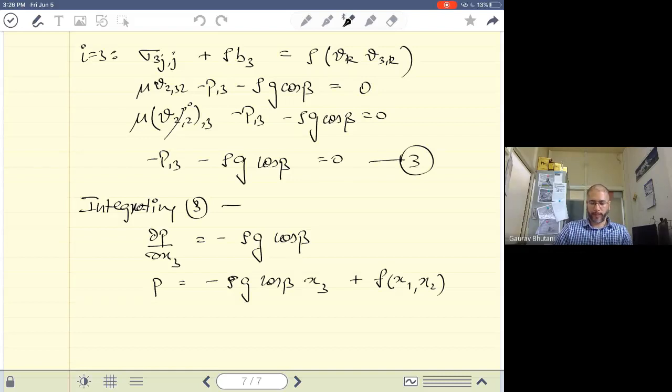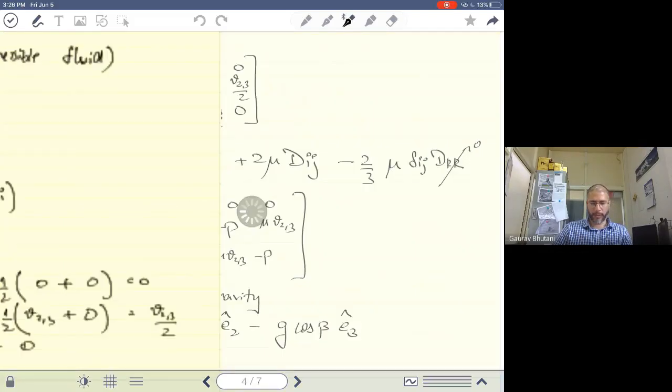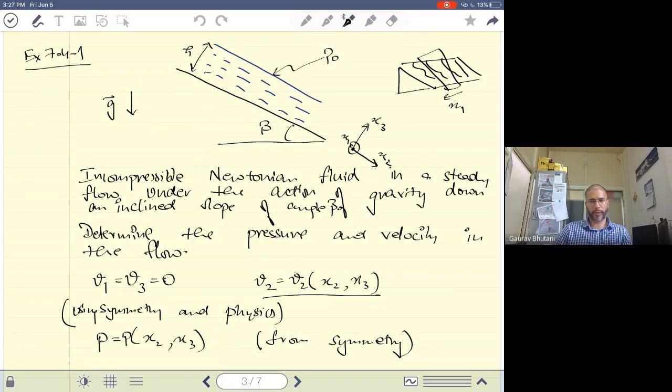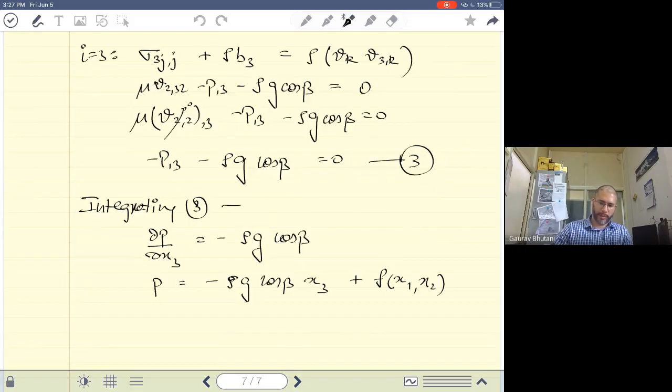But remember, when we started solving the problem through the symmetry, we said that pressure is only a function of x2 and x3. So that means the dependence of the constant on x1 is not there. So f is only a function of x2.